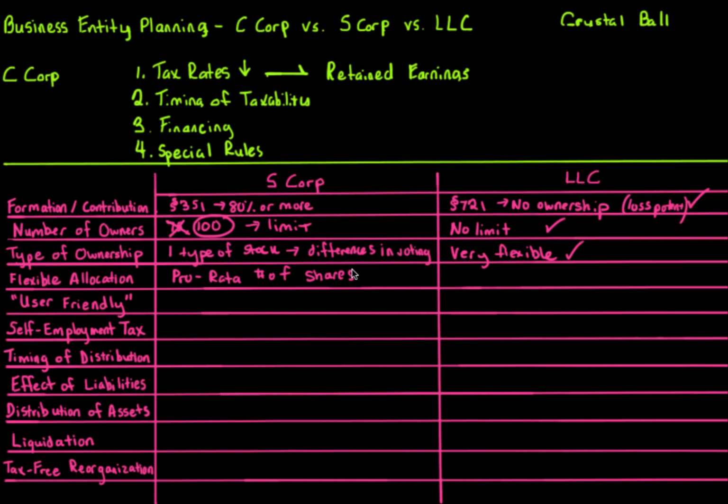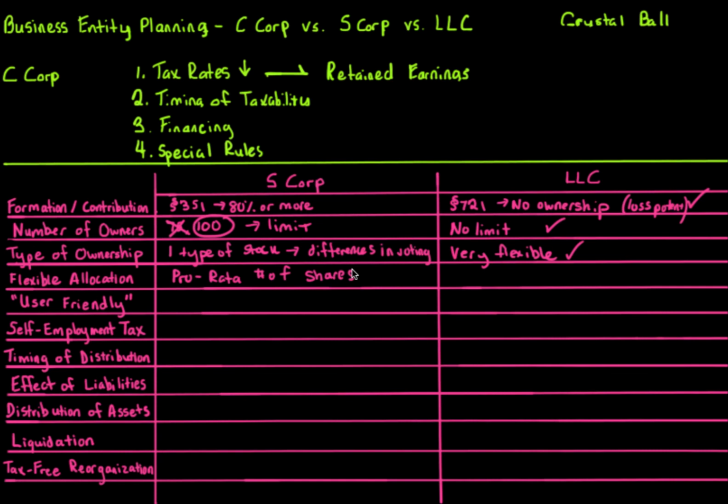One owner owns 400 shares and the other owner owns 600 shares, and to make it simple, let's assume they both own the same number of shares during the entire taxable year. Well, the first owner owns 40%, 400 over 1,000, and the second owner owns 600 over 1,000, 60%. That's the only way you can allocate items during that year.